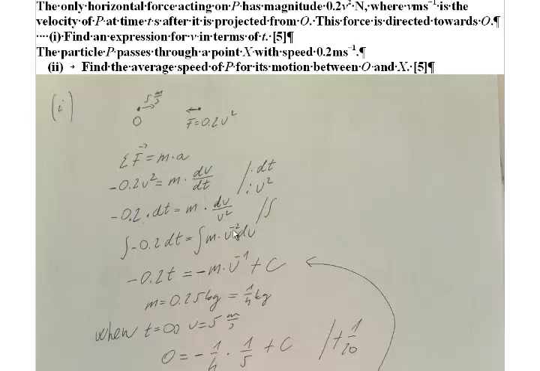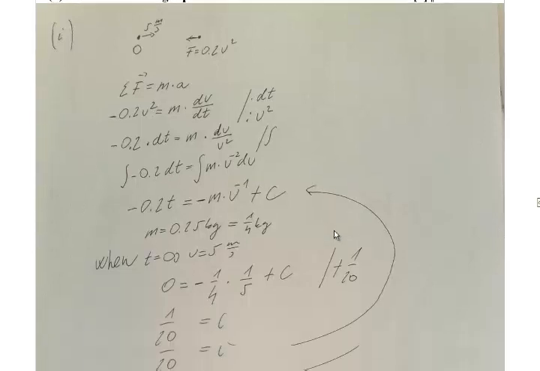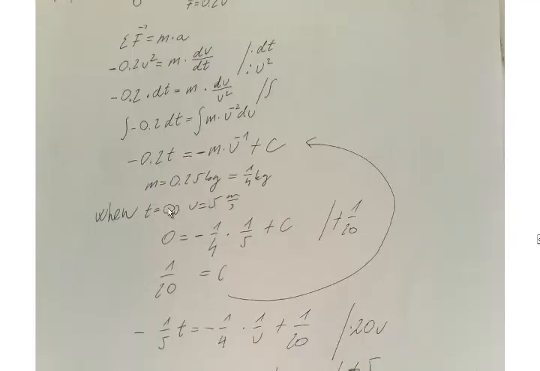v integral. So we get this expression plus 1 and divide by that number, we get minus, and we know the mass, and we know that when t is equal to 0, then v is equal to 5.